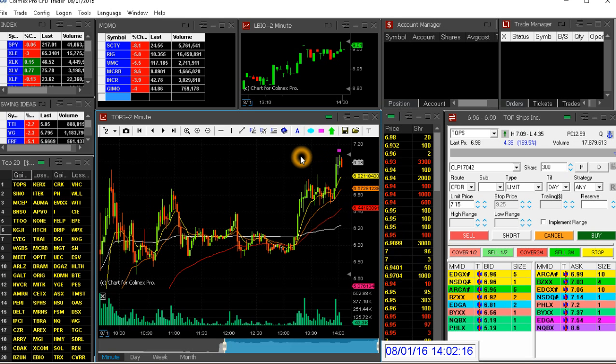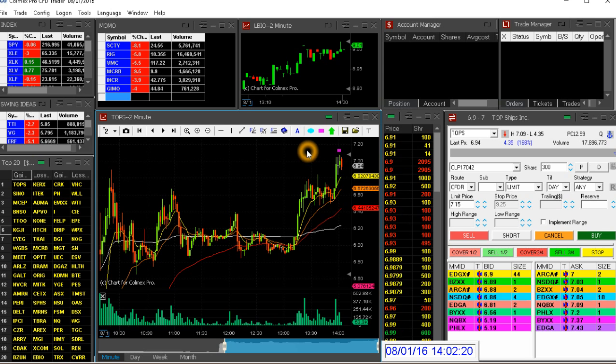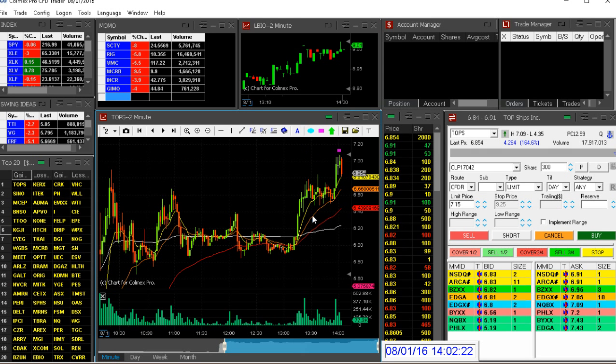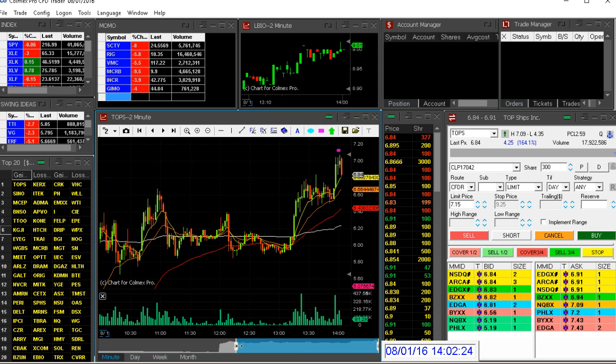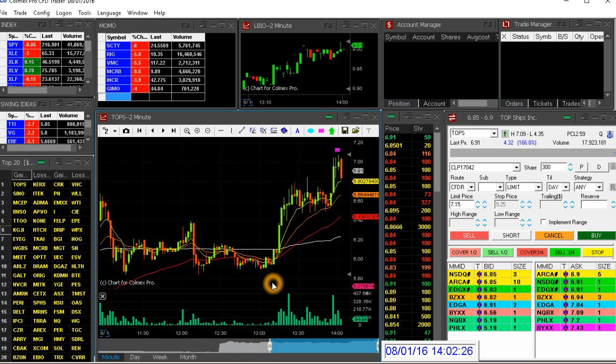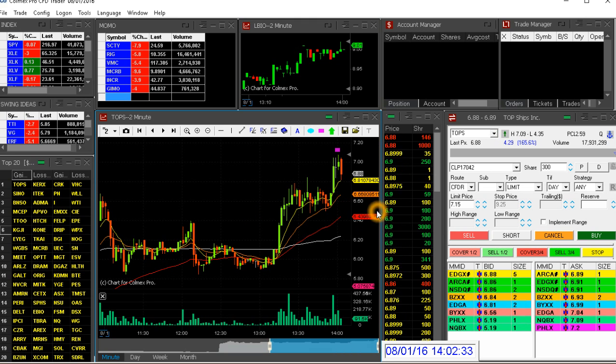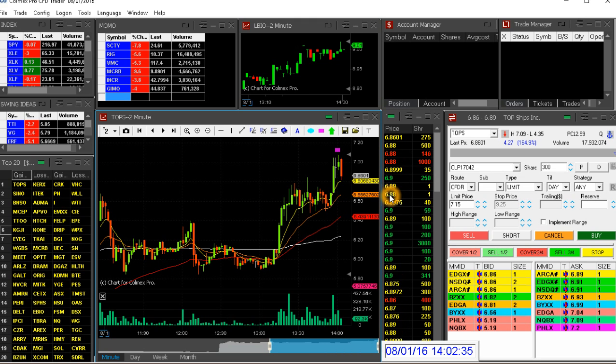So the limit order is more exact in order to have a better average price, and not chase a stock. So that's what I recommend for an entry, the limit order.